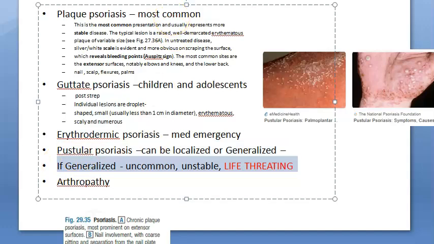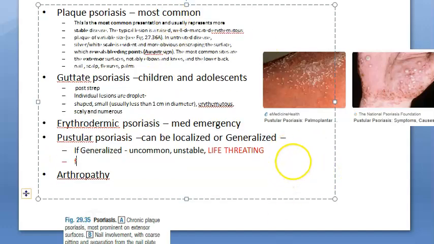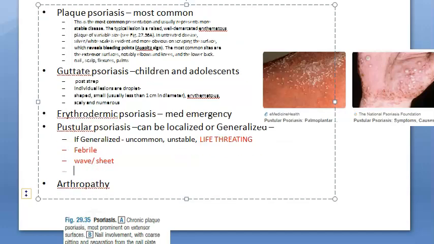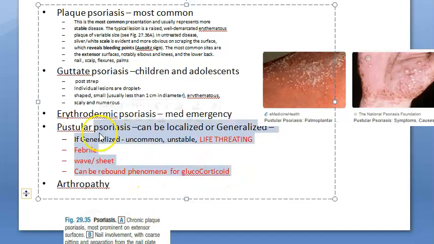Okay, and you should say the patient can have fever, etc. Then it spreads everywhere, with some wave or sheet kind of formation on the skin. Then it can happen as a rebound phenomenon, not every time, but it can be rebound for glucocorticoid. So it can be topical or systemic, they are saying. Okay, so this is pustular psoriasis. We are done with this.